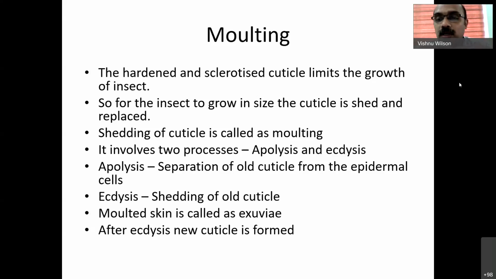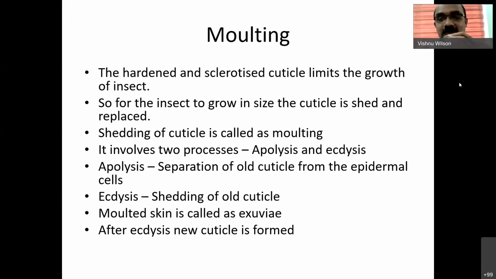Many of you might have seen, at least not the process of removal of skin by snakes, but at least the empty, discarded skin of snakes. So similar to that, the insects also periodically shed their old cuticle and form a new cuticle, and this process is called molting.